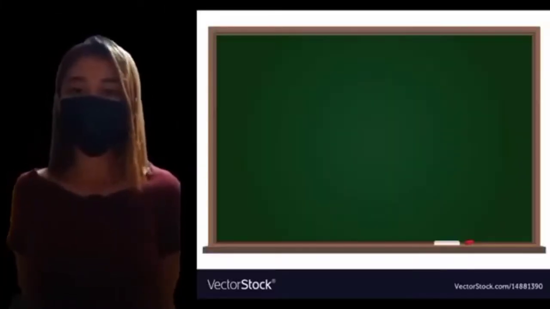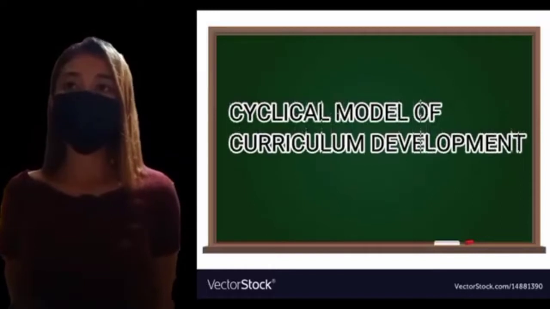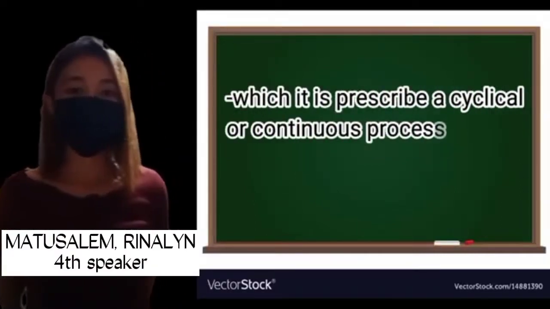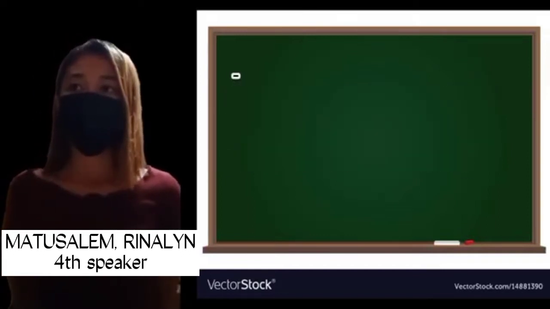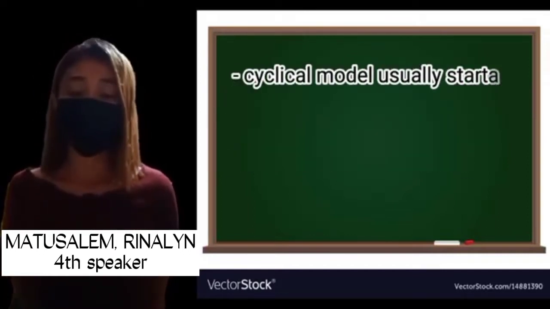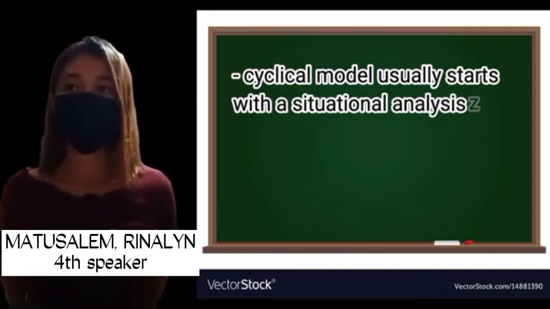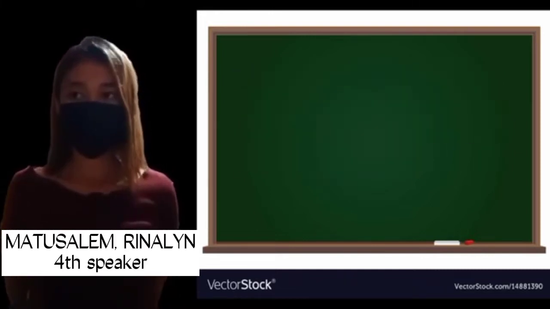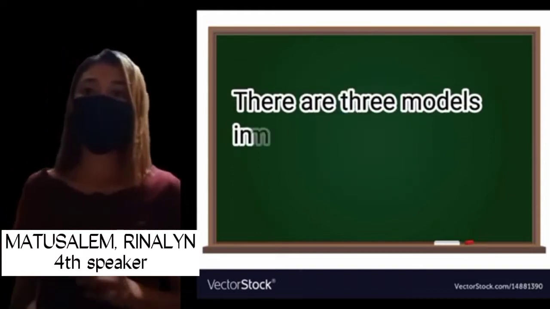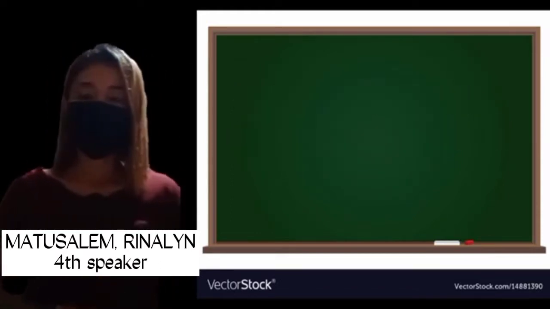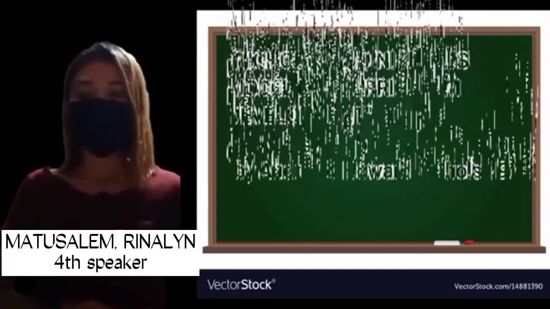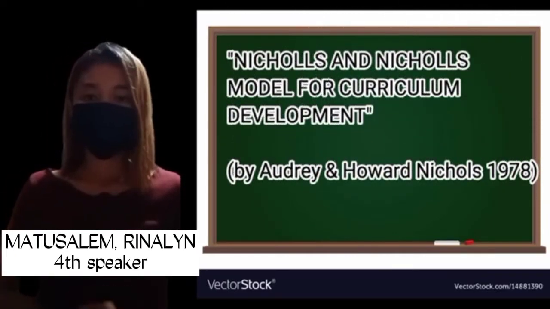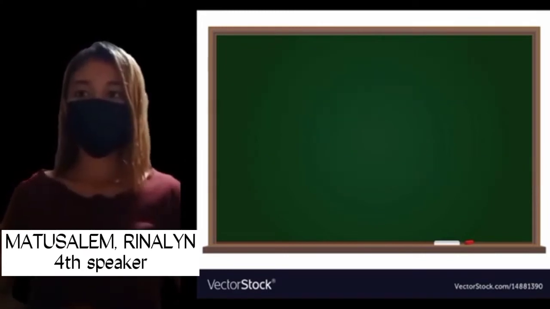Let us now proceed to the cyclical model of curriculum development, which prescribes a cyclical or continuous process. The cyclical model usually starts with a situational analysis that serves as the basis for all the succeeding processes. There are three models included in the cyclical model. The first one is Nichols and Nichols model for curriculum development by Adrian Howard Nichols, 1970.